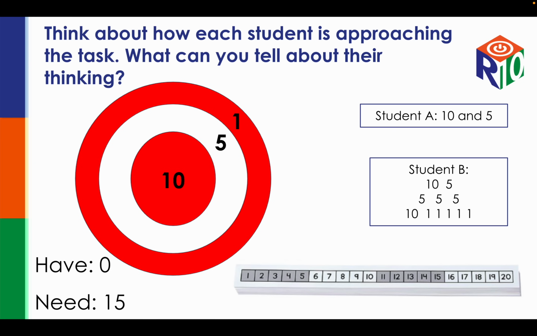And even student B's 10 and then 5 different ones, that's not realistic either, right? We might start with a 1 and get another 1, but then get a 10. So the context drives the flexibility here for student A to push them beyond the most efficient way to do that.